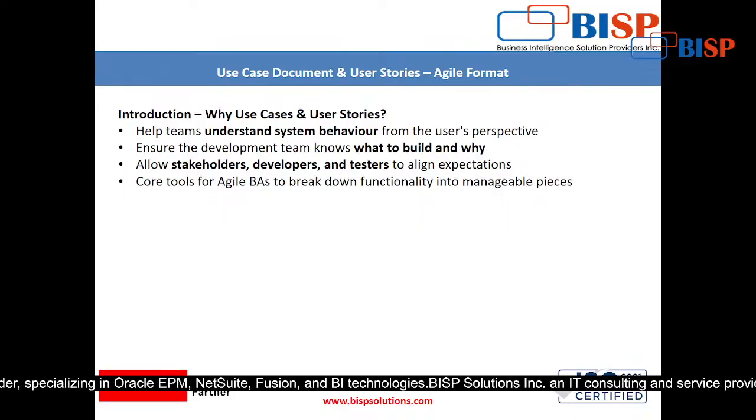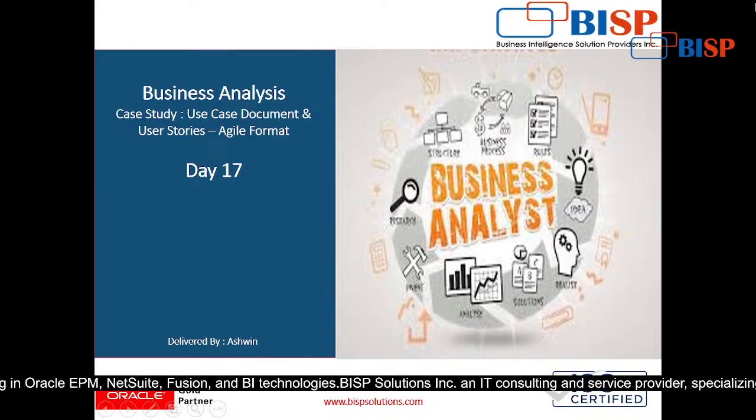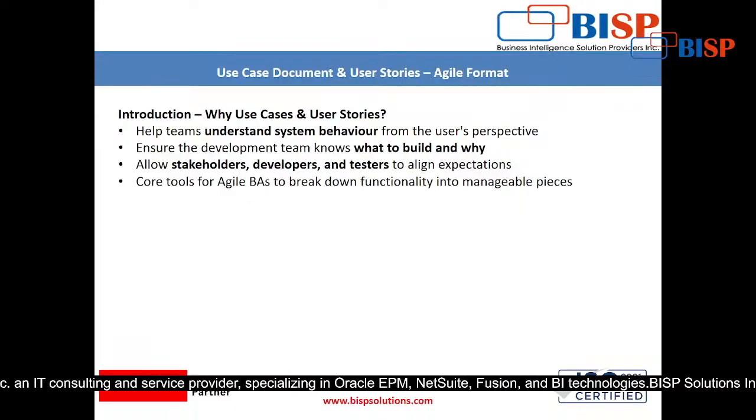Here it is written agile format. In this agile format, things are developed, then they are tested, and then the feedback is taken, and then again the things go into development mode. In the maximum number of projects, agile methodology is used. So today we are going to see use cases and user stories.